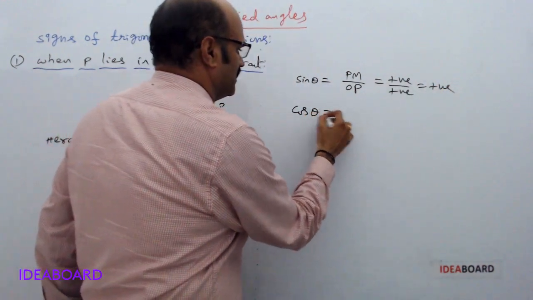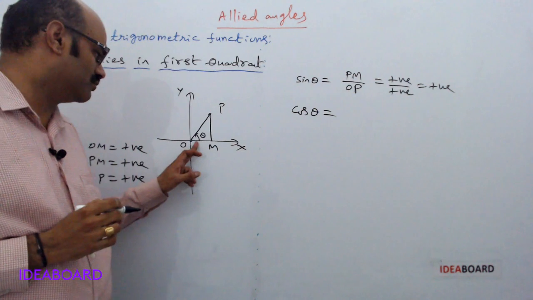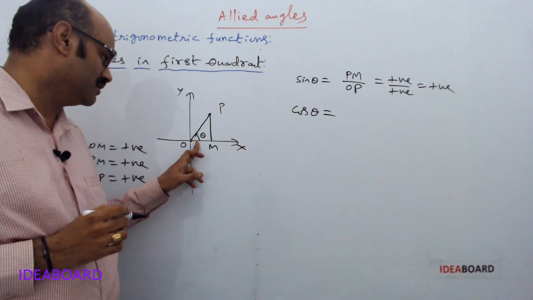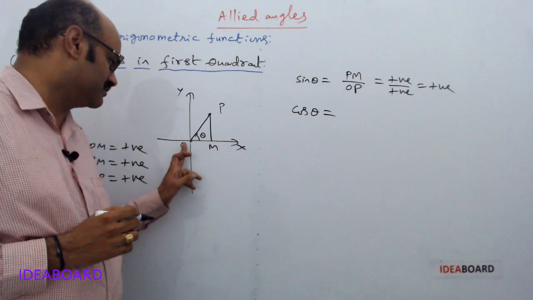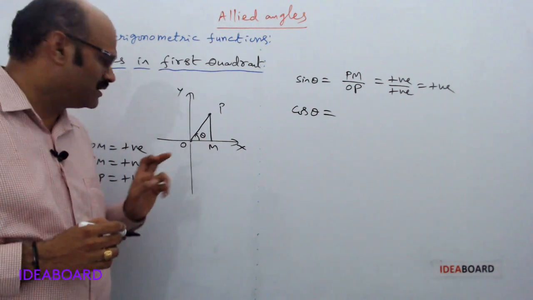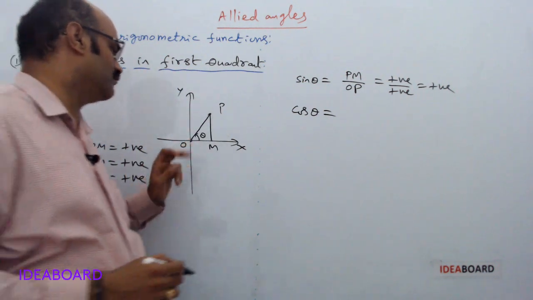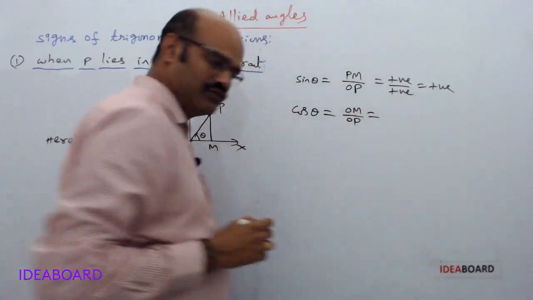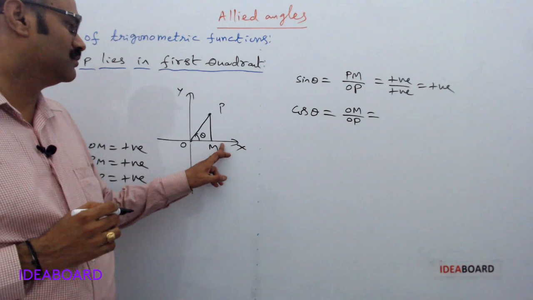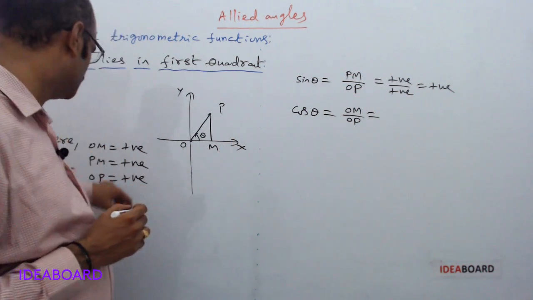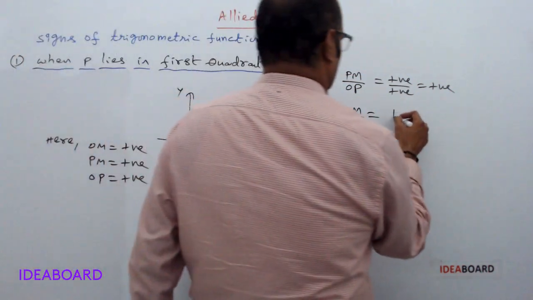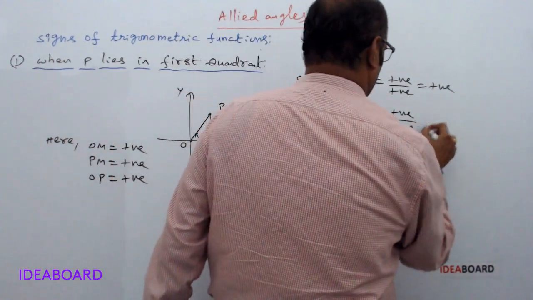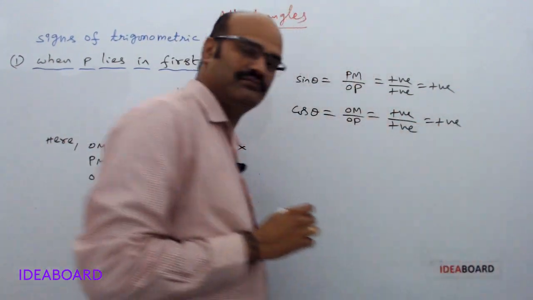Similarly, cos theta equals base by hypotenuse. Base is OM, hypotenuse is OP, so OM by OP, positive by positive equals positive.